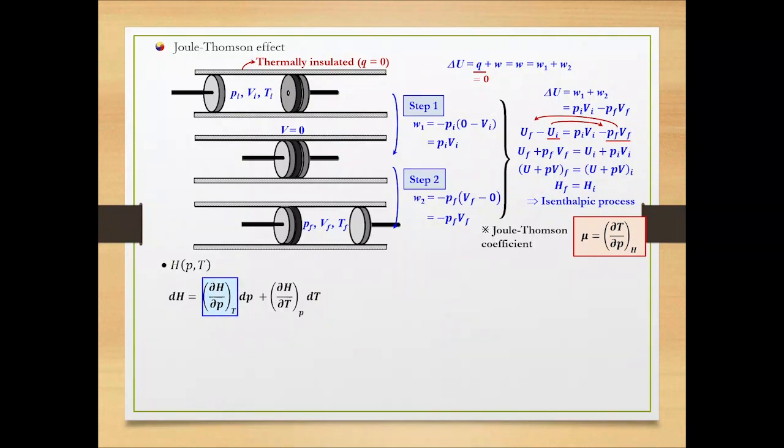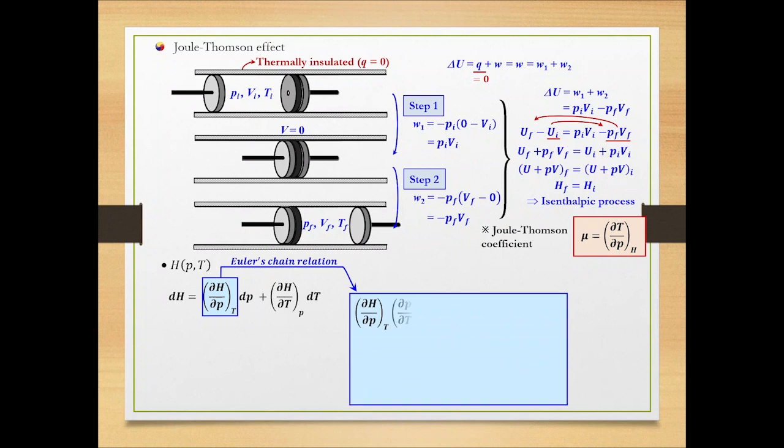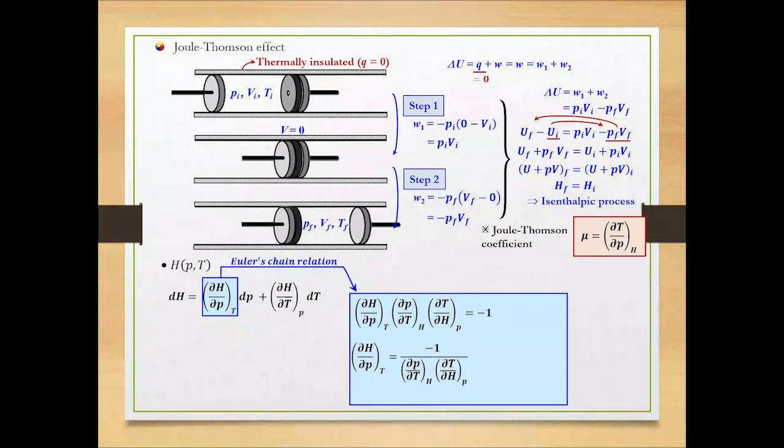Focus on the first slope, or the first partial derivative of H with respect to P at constant T. Write the Euler's chain relation that begins with the first partial derivative of H with respect to P at constant T, which should be this one. Move the last two derivatives to the right side of the equation. Move the two derivatives in the denominator to the numerator by taking the reciprocals of them.